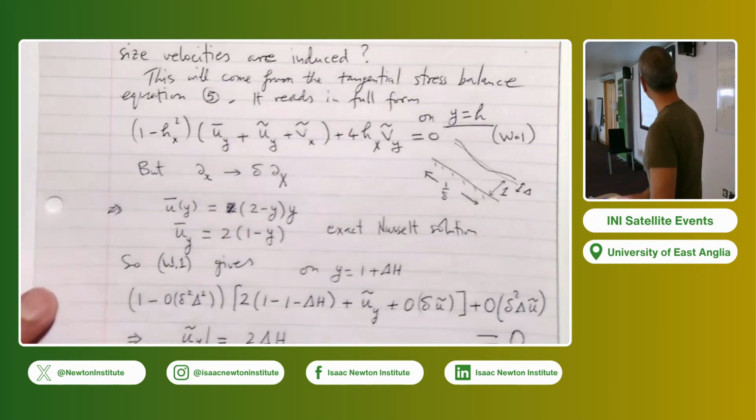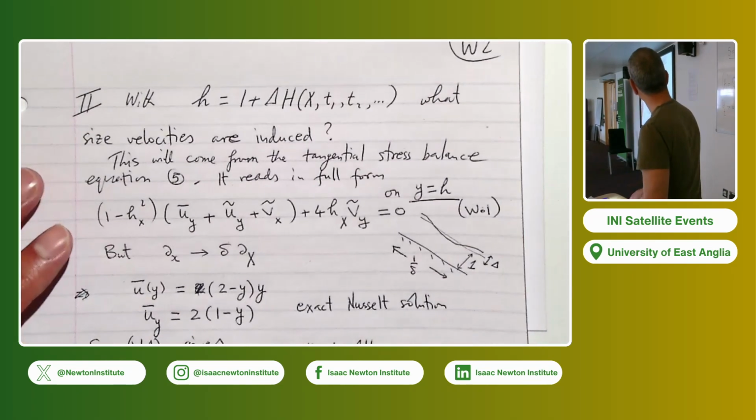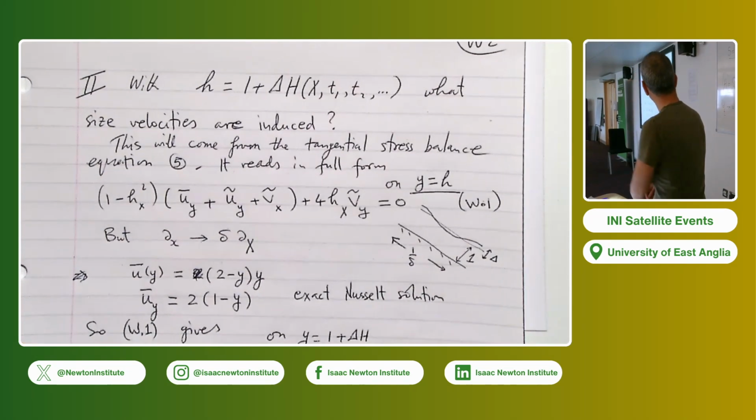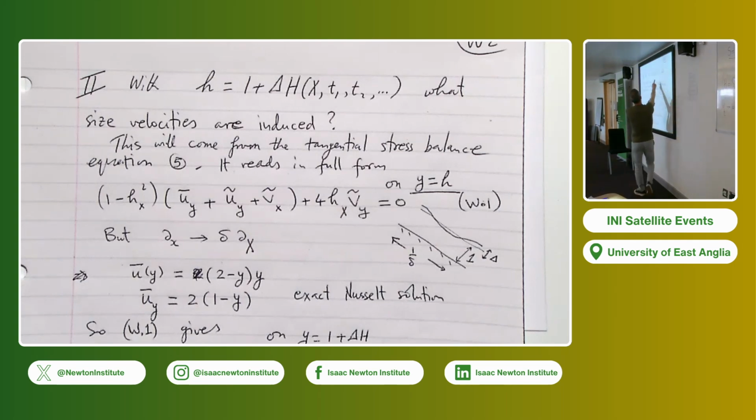I don't know how much of this to go through; like I said, I'll give you the notes. So let me just say a little bit about it. The h is going to be 1 plus big delta h. Once I do that, I need to get the size of the velocities which are induced. And the way I get that is to go to the tangential stress balance, which was here.